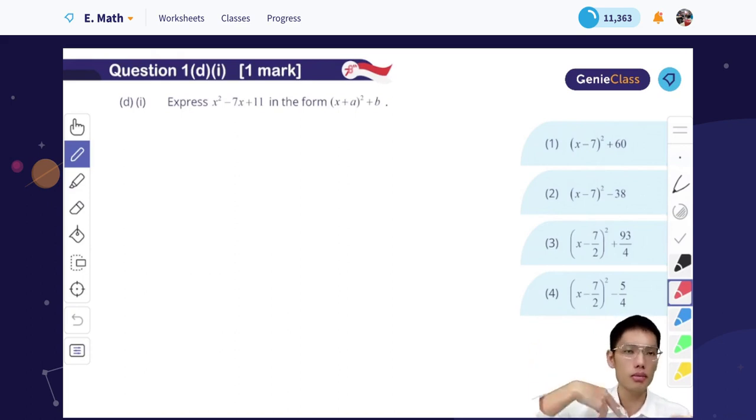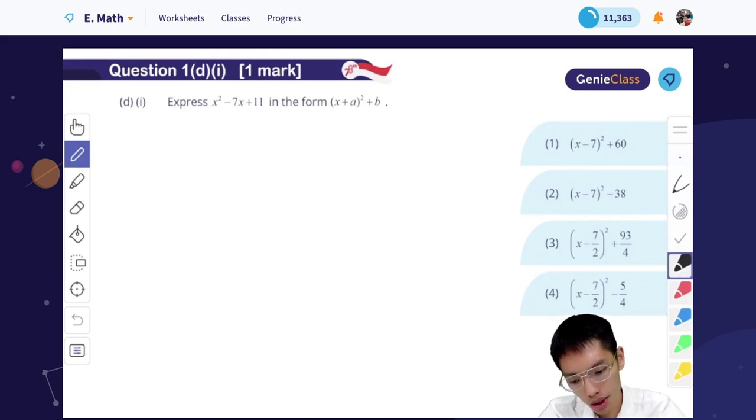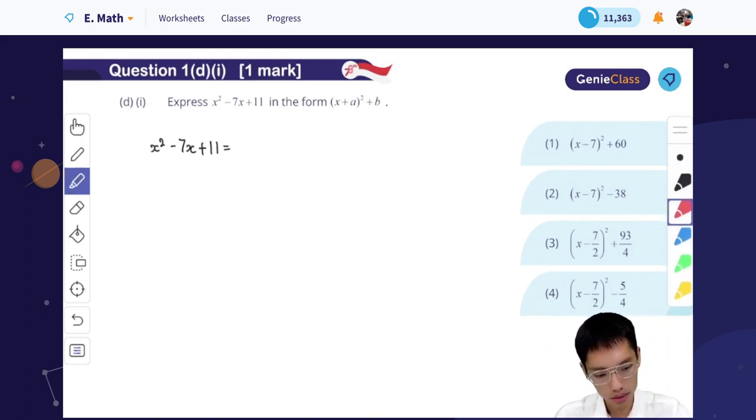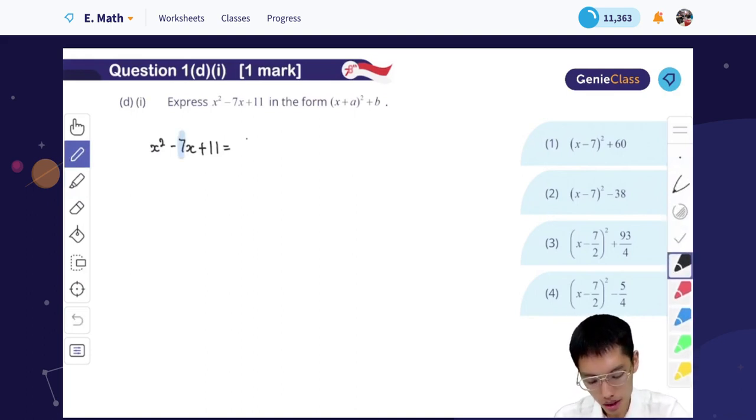But certain mistakes can happen when you complete the square. When we complete the square, we have x squared minus 7x plus 11. First thing, we need to divide the coefficient of x by 2. So what I am saying is this coefficient. Thereafter, we just copy x minus 7 over 2.